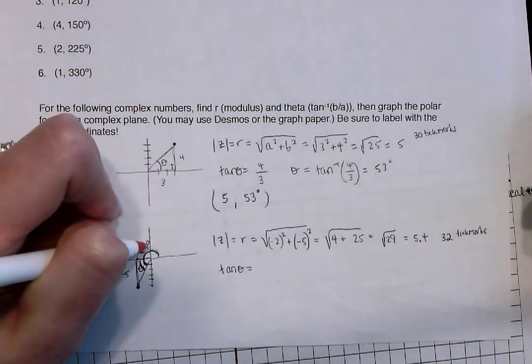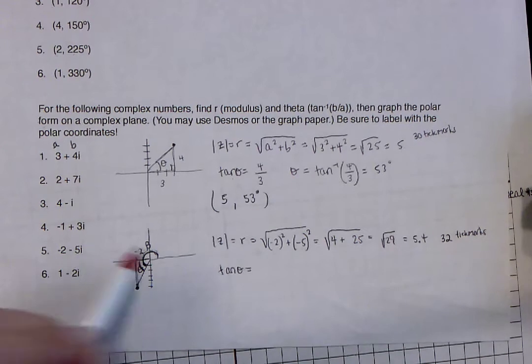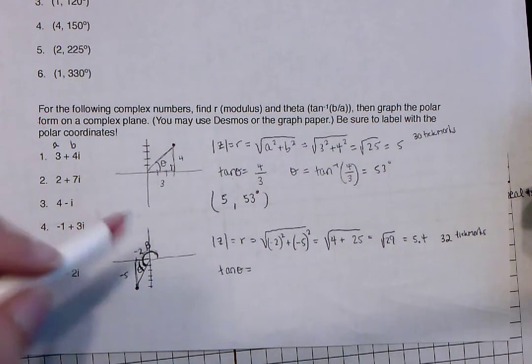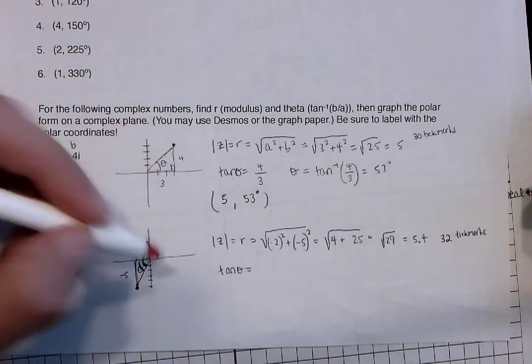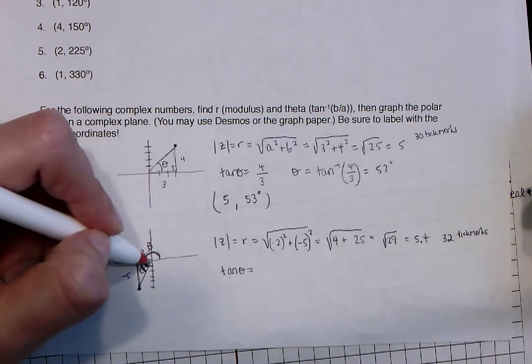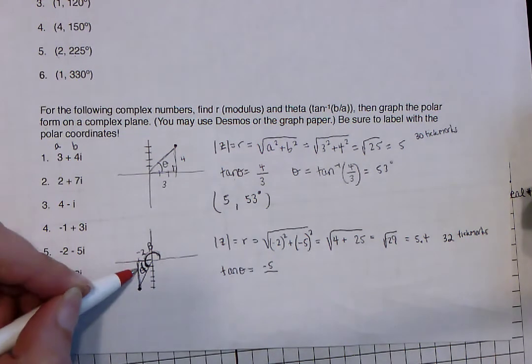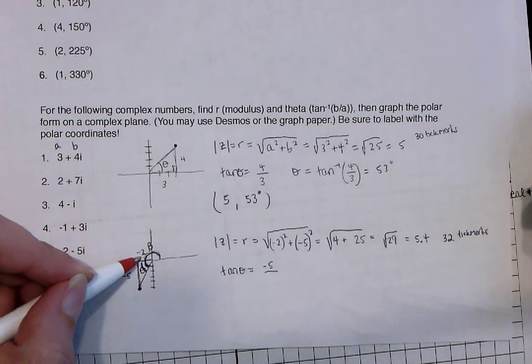So we'll call this beta. That's a B, but it has like a fancy B. So that's what we're going to actually try to find. So tangent of our triangle here, looking at our triangle, we would have to go opposite, so that's -5, opposite over adjacent, which is -2.